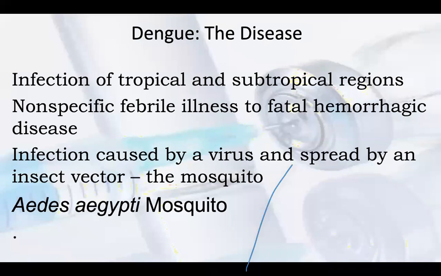Further, you can see the dengue disease. What is the dengue disease? Dengue is an infection of tropical and subtropical regions. A non-specific febrile illness that leads to fatal hemorrhagic disease. It is an infection caused by a virus and spread by an insect vector, the mosquito.